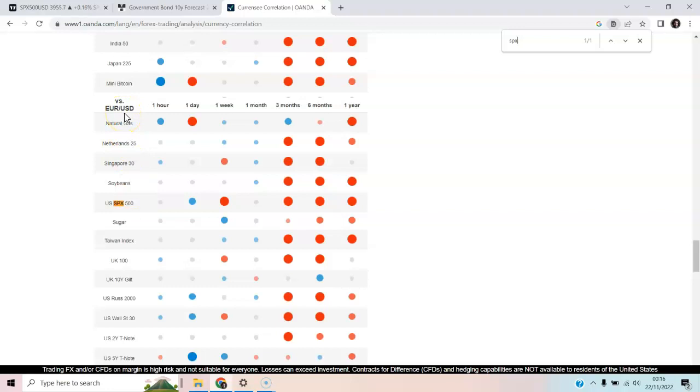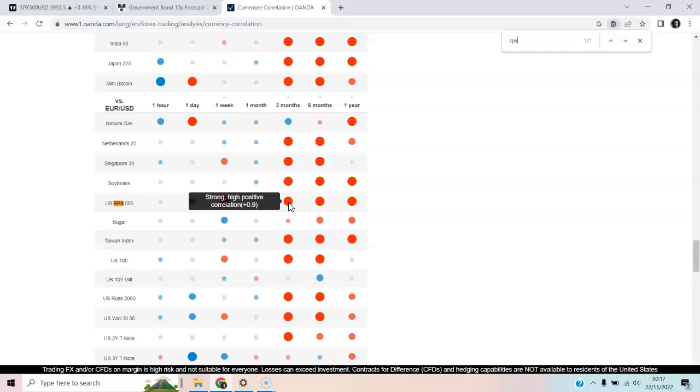Sorry, I can't speak. Euro USD versus S&P 500 in the form of the SPX. According to this heat map, and this is 1 hour to 1 year correlation, obviously the negative correlation is in blue, and the positive is in red. So the bigger the bubble, the higher the number.